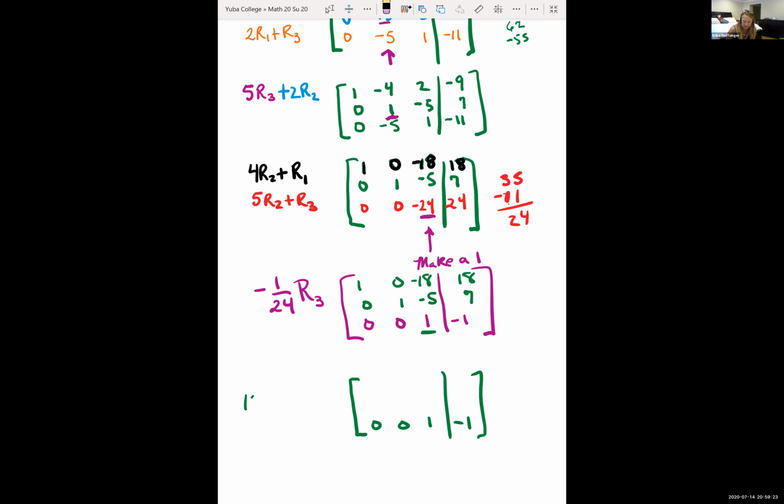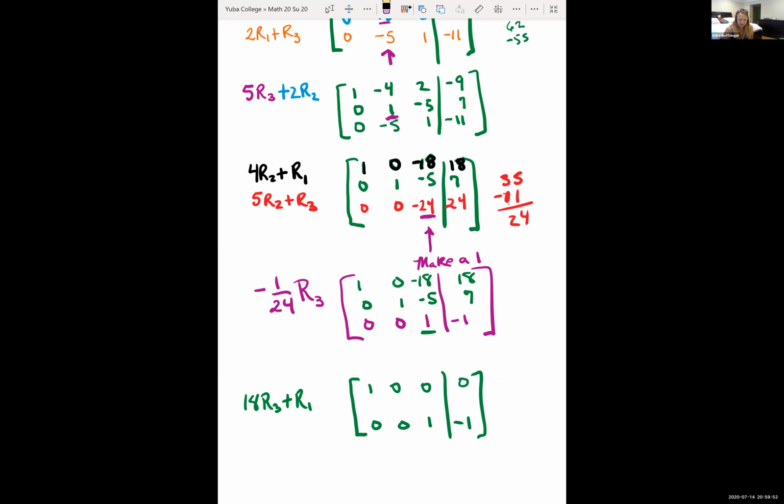So 18 row 3 plus row 1. 0 times anything is 0, plus 1 is 1. 0 plus 0 is 0. 18 times 1 is 18, minus 18 is 0. 18 times negative 1 is negative 18, plus the 18 above is 0.